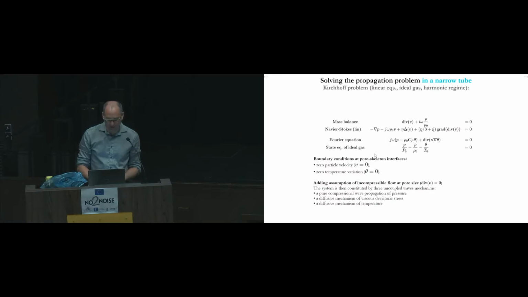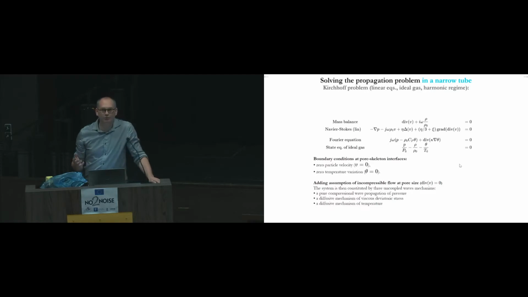And finally, we have more unknowns than equations, so we need again to add a state equation. This state equation just says that the air inside the porous material is again an ideal gas, but this time we also have some effect of the temperature. So this is why it's not the same equation as previously for free air.